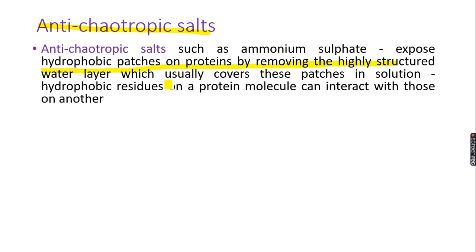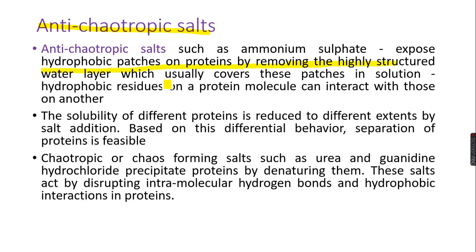This is anti-chaotropic salts. The other one is chaotropic agents, that is, chaos-forming salt, I will say. Like urea and guanidine hydrochloride, they precipitate the protein by denaturing it, and these salts act by disrupting the hydrogen bonds and different kinds of hydrophobic interaction playing there. So the objective is totally different.